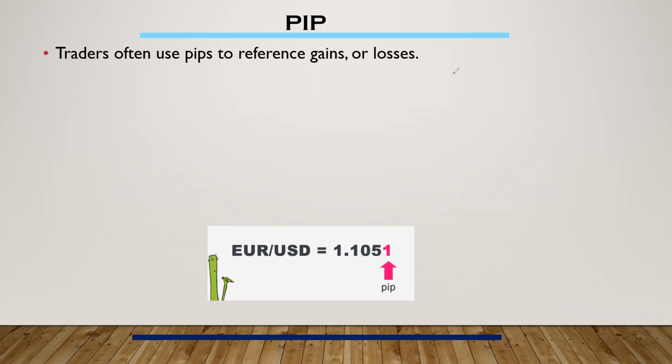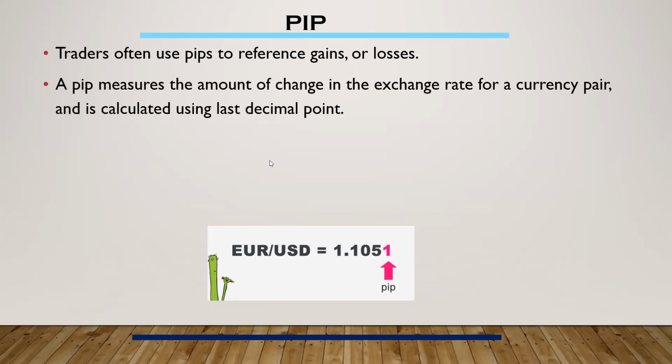So traders often use pips to know their profit or loss, and it is measured in the amount of change in a particular exchange rate of that currency pair. You understand? And it's calculated using the last, fourth decimal point, just like I illustrated to you now.